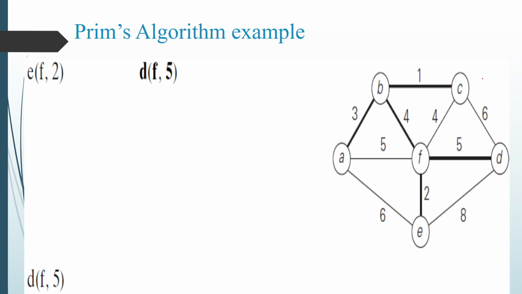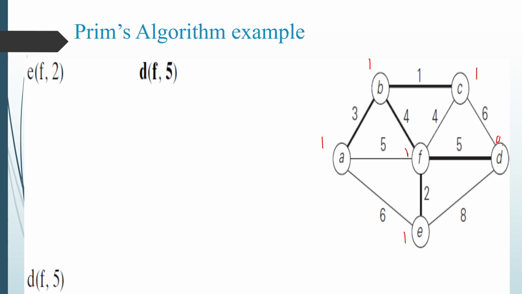And how many vertices are left unvisited now? These vertices you already visited. Now only one vertex is left unvisited, that is D. Next step is the vertices adjacent to visited ones.